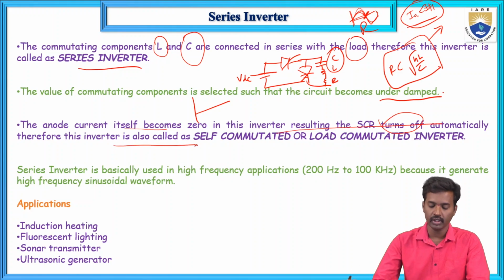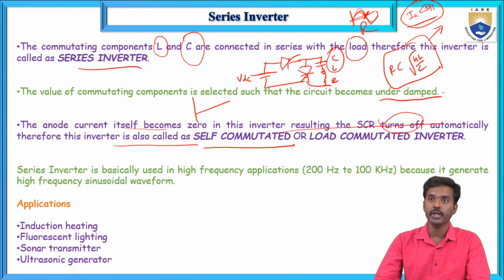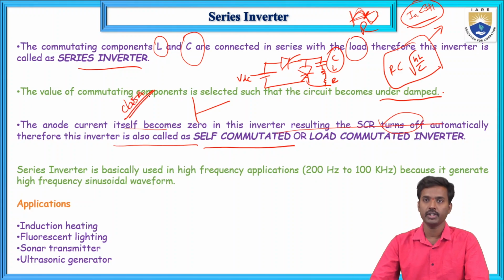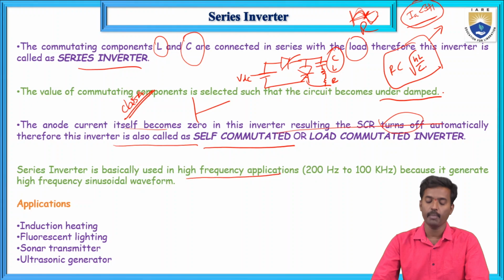Therefore this inverter is also known as a self commutated inverter or load commutated inverter. It is class A commutation.